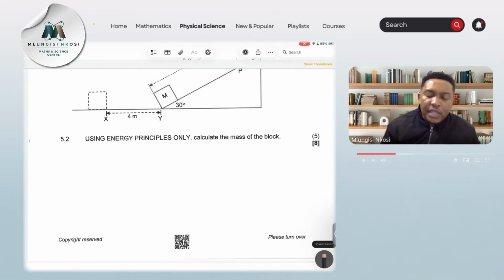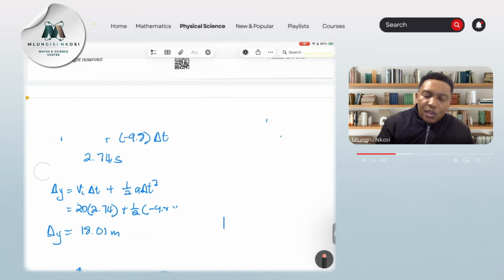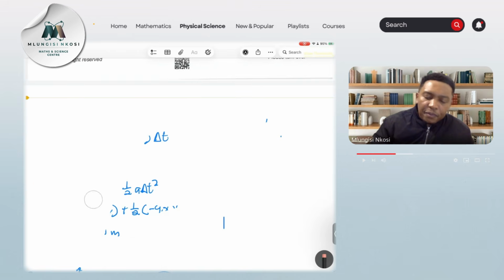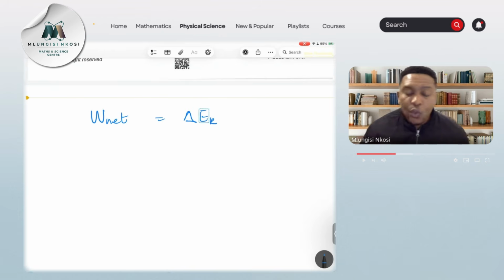So I'm going to say the net work done is going to be equal to the change in kinetic energy. But what are the forces that are acting in that case?